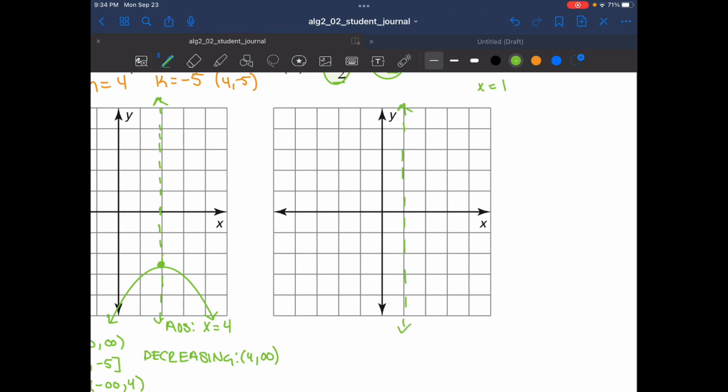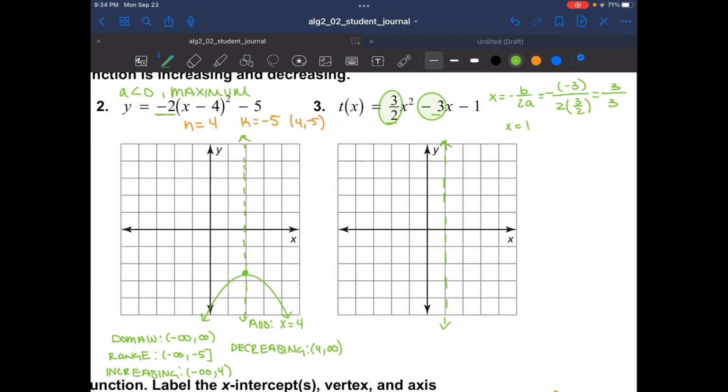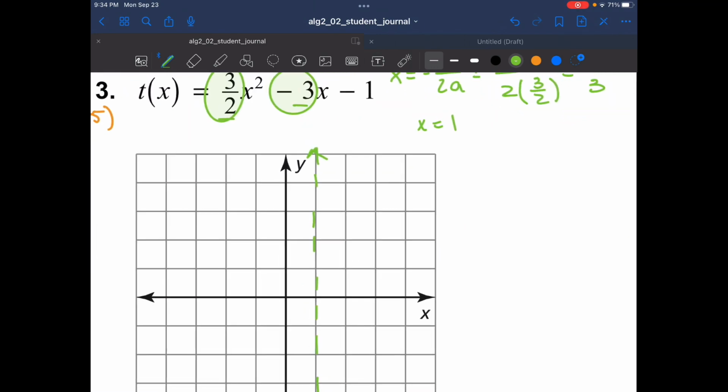Okay. Now we're going to go ahead and plug that back in to get our k. So t of 1 equals 3 over 2 times 1 squared minus 3 times 1 minus 1. This is going to be 3 over 2 minus 3 minus 1.